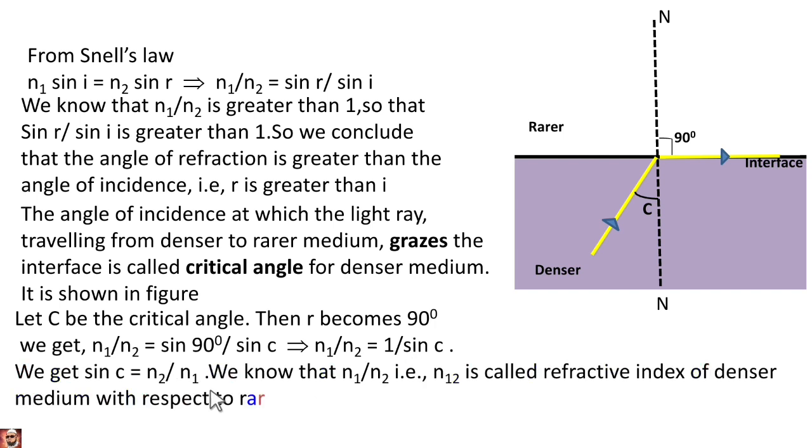And we know that n1 by n2 can be written as n12, the refractive index of the denser medium with respect to the rarer medium. So finally we can write sin C is equal to 1 by n12. This is the formula we use to find the critical angle.